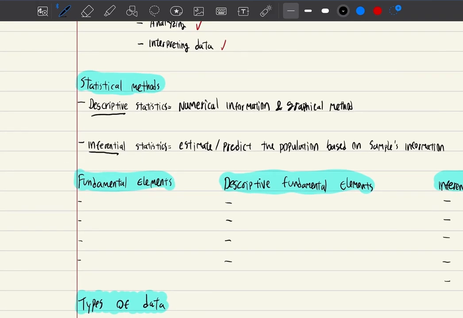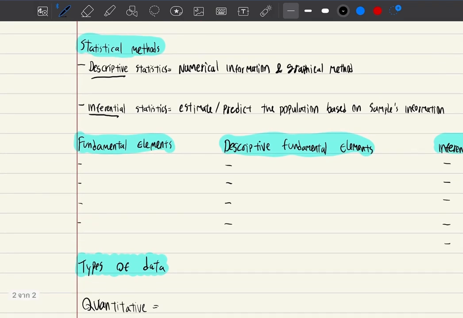So descriptive statistics utilizes numerical and graphical methods to explore the data, and inferential statistics uses sample data to make an estimate and prediction about the population.